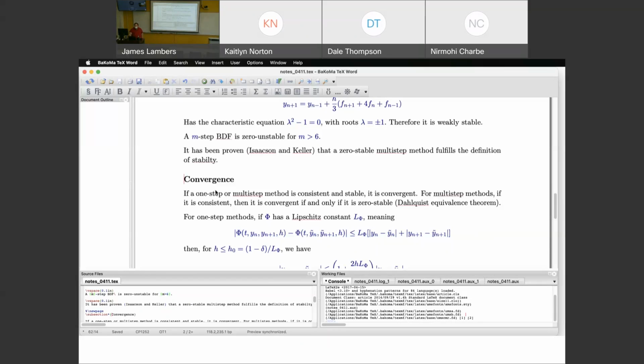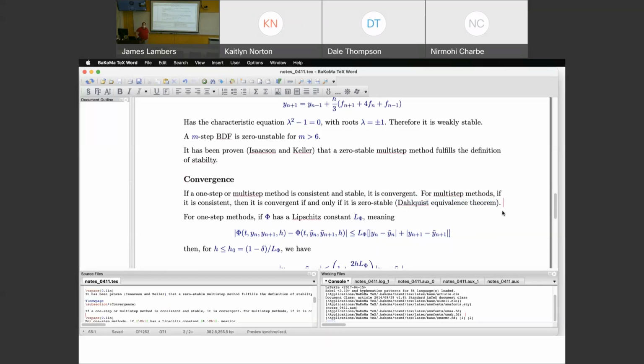For multi-step methods specifically, you can make a slightly stronger statement. If it's consistent, then it's convergent if and only if it's zero stable. So what I said earlier was that zero stable implies convergence, but convergence also implies zero stability. This is a theorem called the Dahlquist Equivalence theorem.